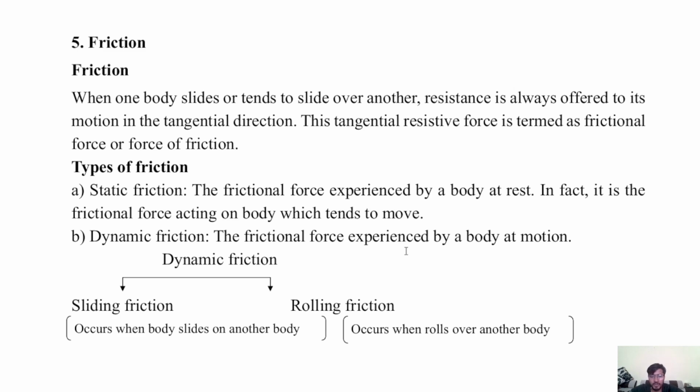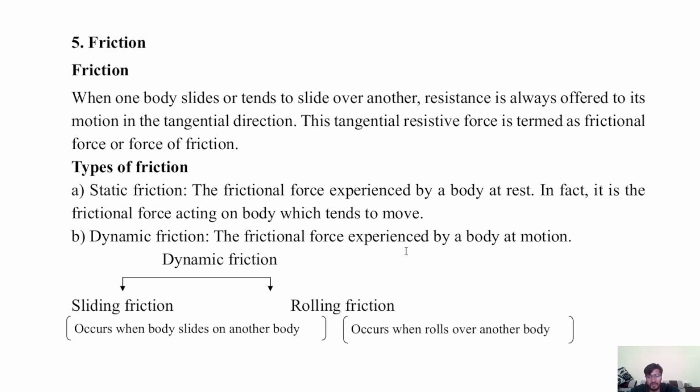We are going to talk about static and dynamic friction. So, static friction happens when an object is at rest, like when you are trying to push a heavy sofa. The dynamic friction, on the other hand, kicks in when an object is already in motion, like when you are riding a bike and applying the brake.